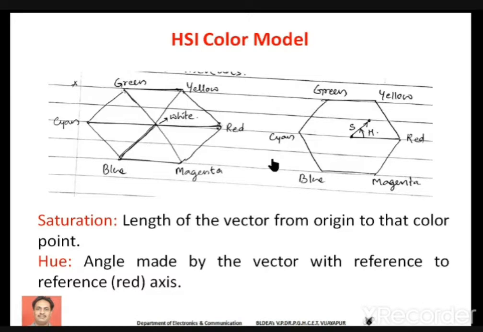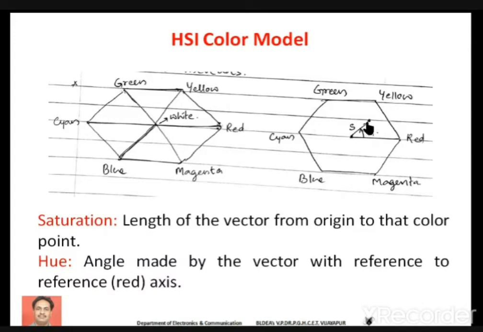The saturation of any color point within this model can be obtained by measuring the length of the vector which is drawn from origin to that color point. Please try to understand, the saturation is nothing but the length of the vector from origin to the required color point in the model.